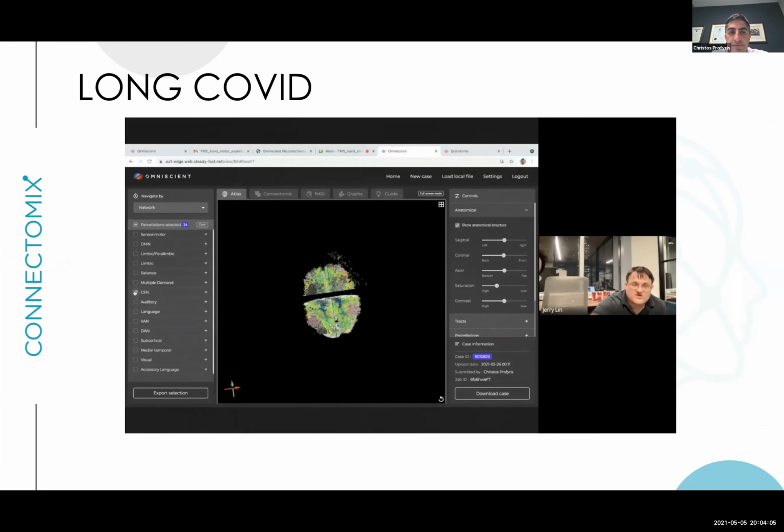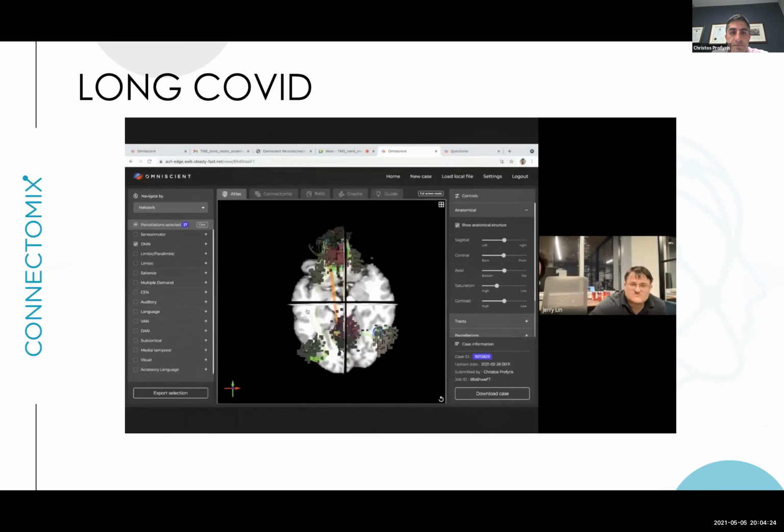Is there some obvious problem? And I mean, nothing that I would write home about. Again, quantitatively there could be problems with these networks, but looking at this real quick, it looks fine, basically.